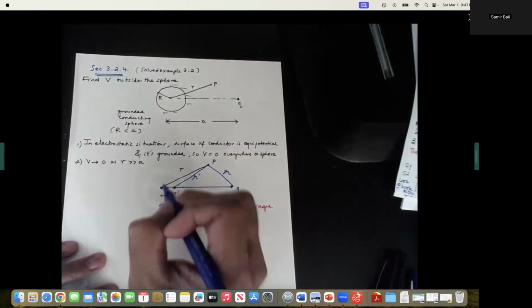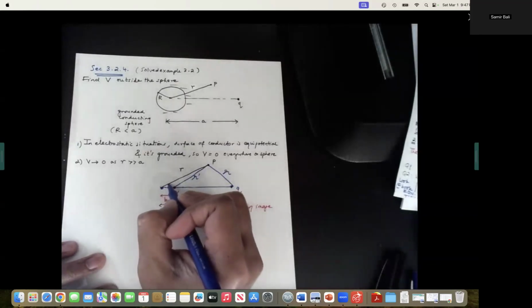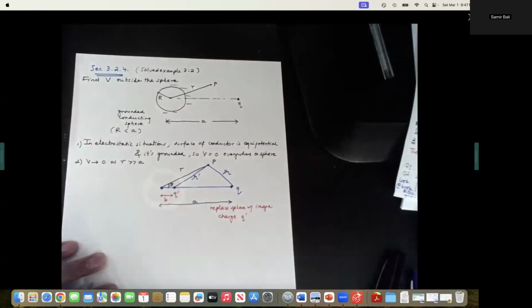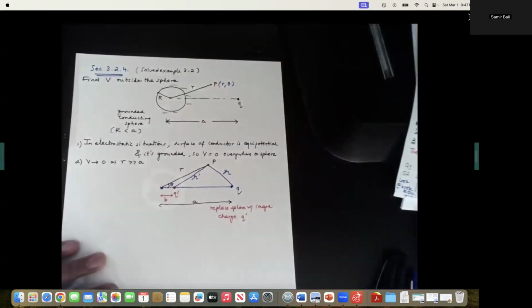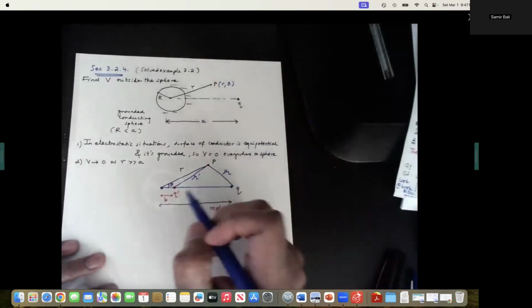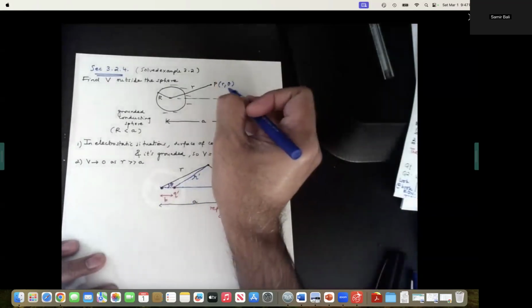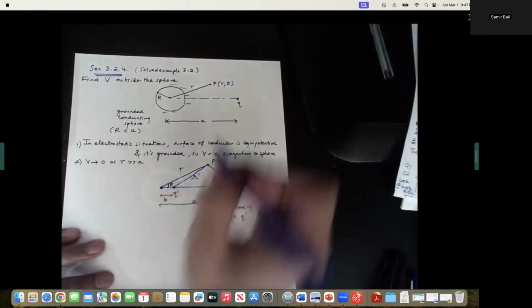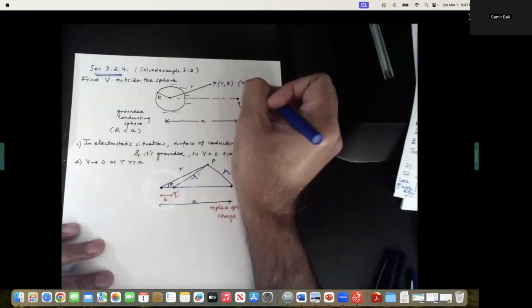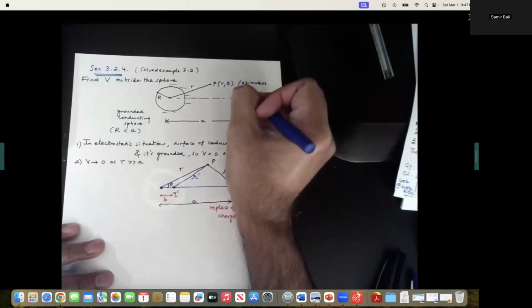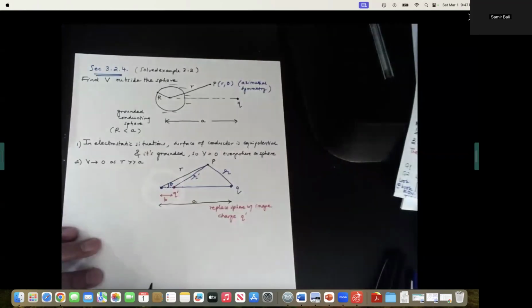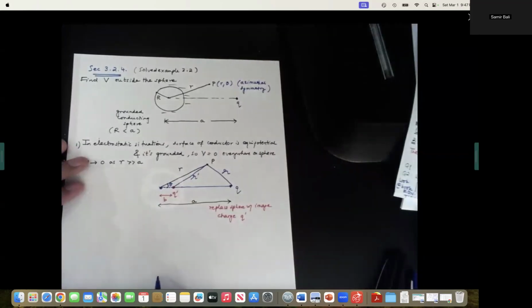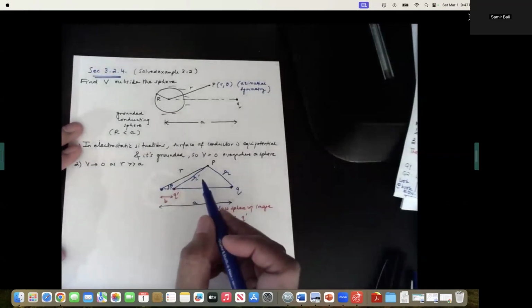Let's say this angle here is theta. So P is at r and theta. There's azimuthal symmetry in this problem clearly, because it's a sphere, so I'm only focusing on r and theta. This is a very simple problem to solve.